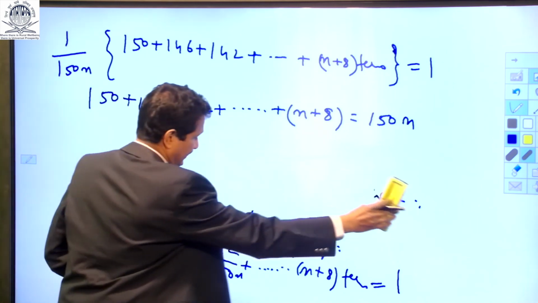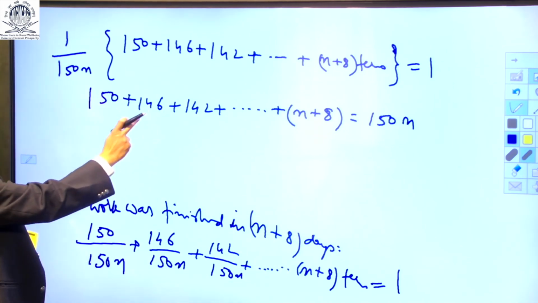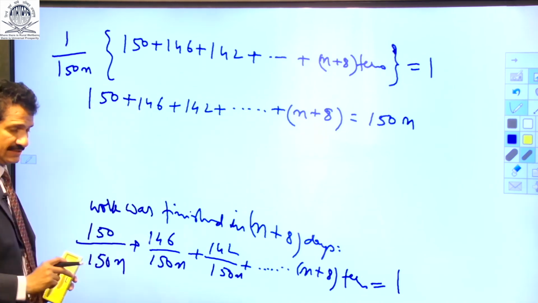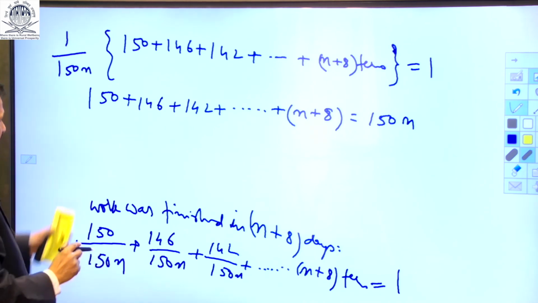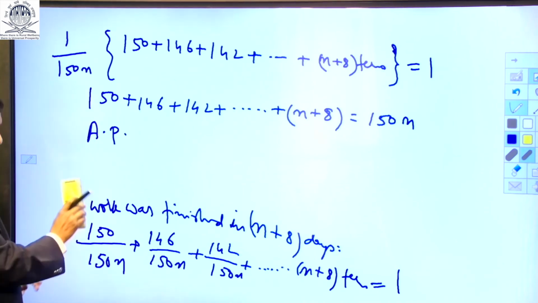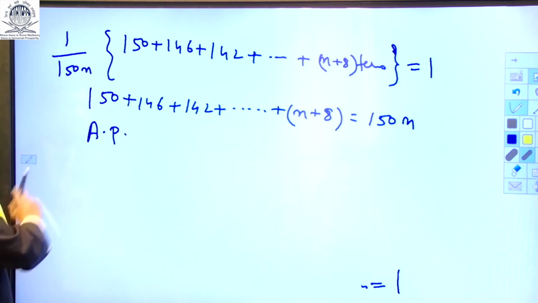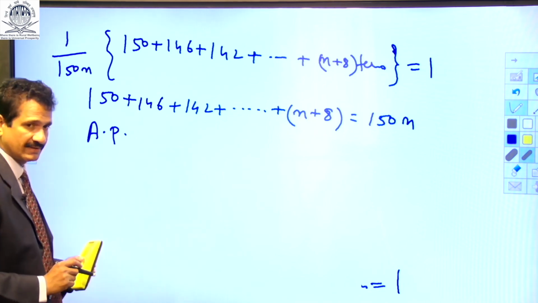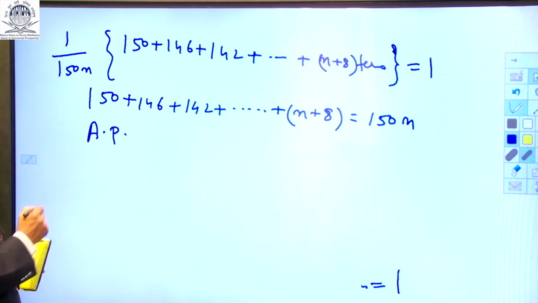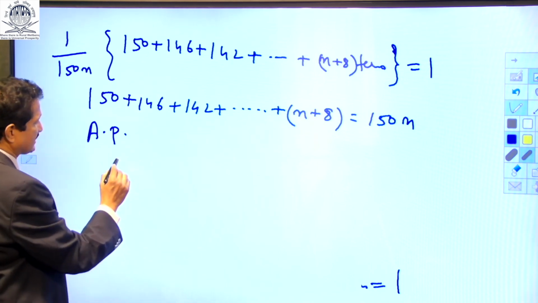Now, when we look at this series, clearly there is a decrement of 4, minus 4 for every succeeding step. It means that this is an AP, arithmetic progression. We know the sum to n terms of an arithmetic progression is n by 2 into 2a plus n minus 1 d. Let us apply that formula. Here the number of terms is n plus 8.